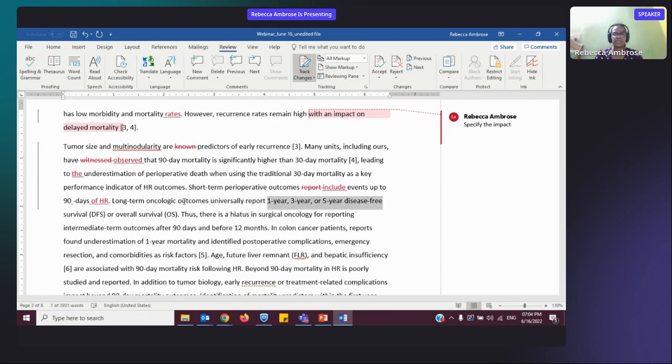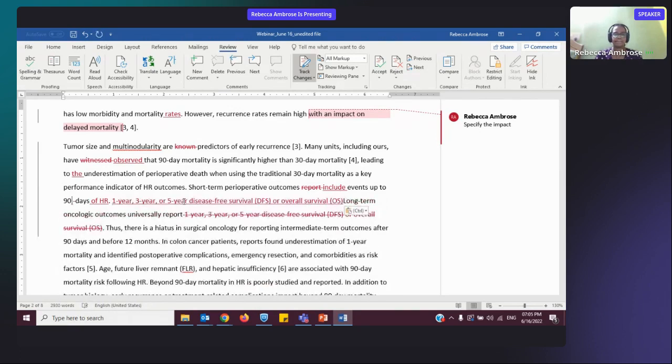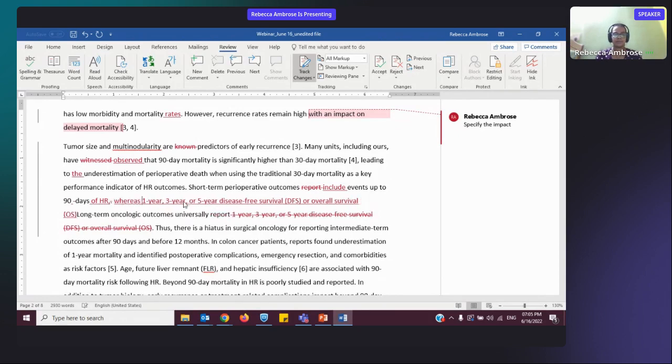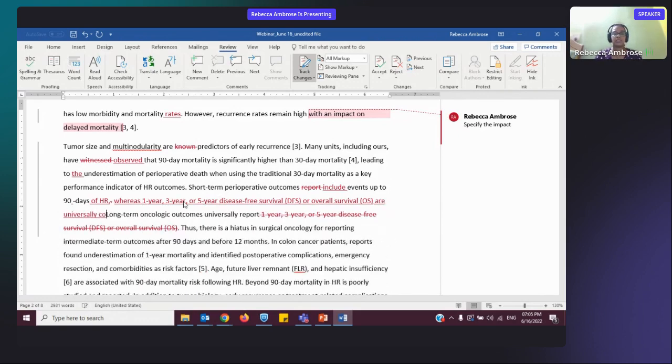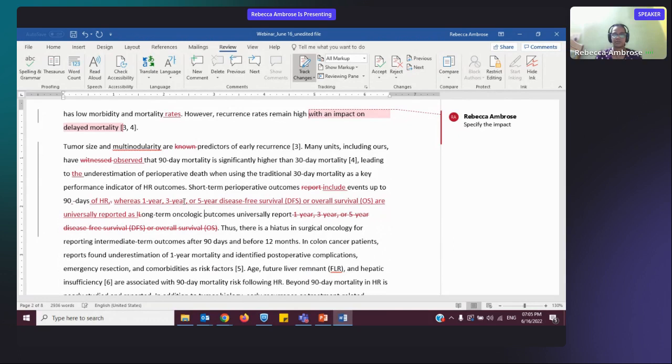are basically universally considered to be universally reported as long-term outcomes. So basically the sentence reads short-term.